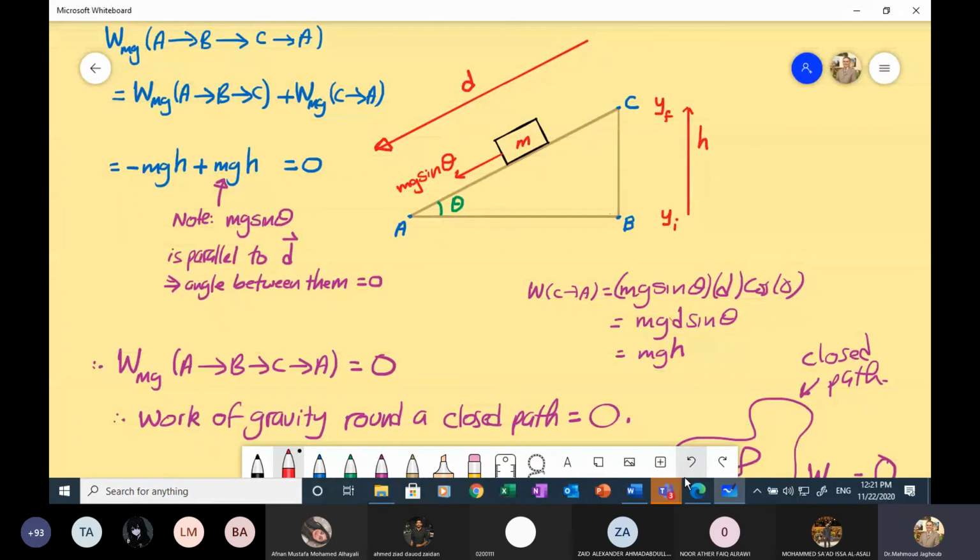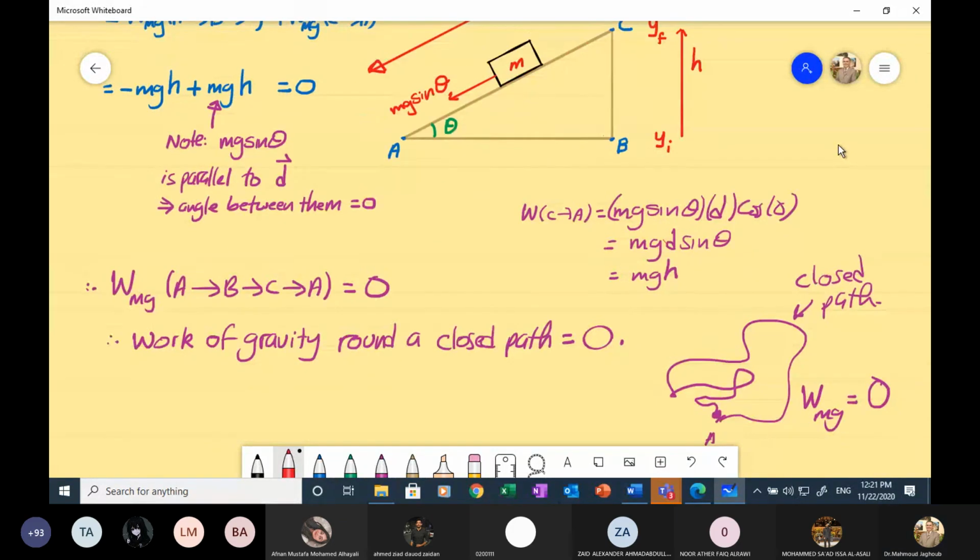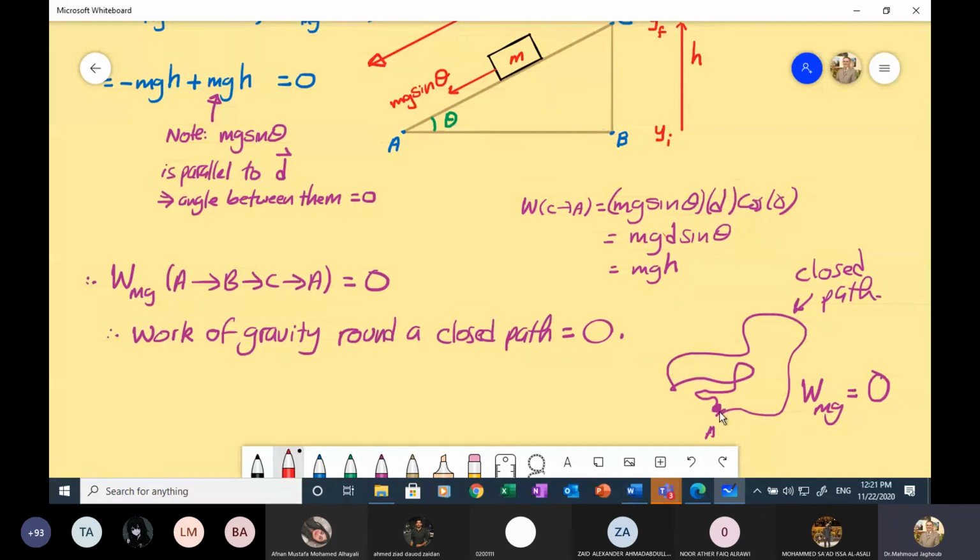Suppose someone did the following. He started from this point here, point A, and he moved along this path, and he's gone back to point A. What is the work done here by the force of gravity? 0. Why? Because it is a closed path.